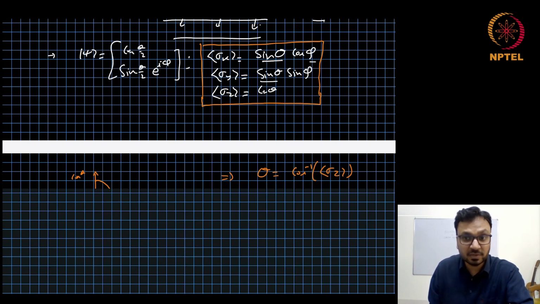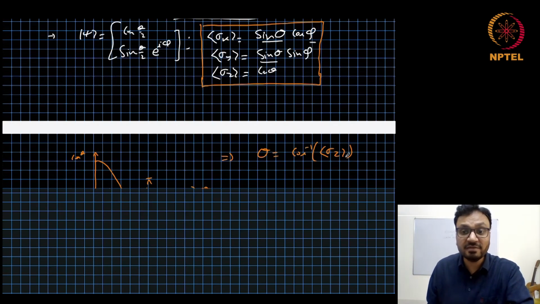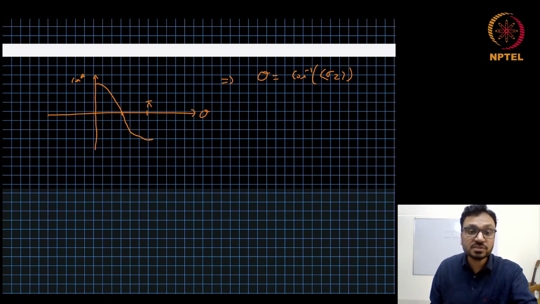and we are left with only phi, which is unknown. Now, phi has value from 0 to 2 pi, and cos phi and sine phi can take positive or negative values. But we can have tan of phi, which will be sigma y expectation value divided by sigma x expectation value.